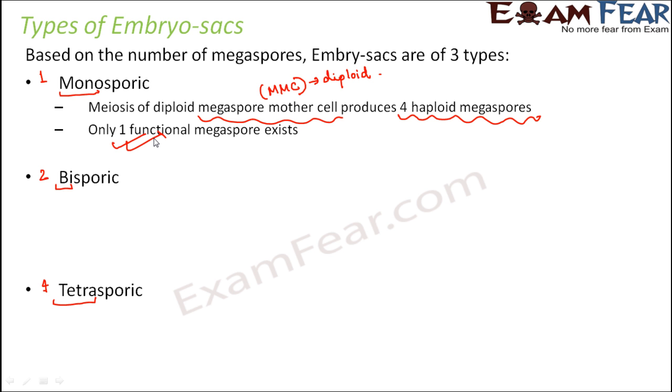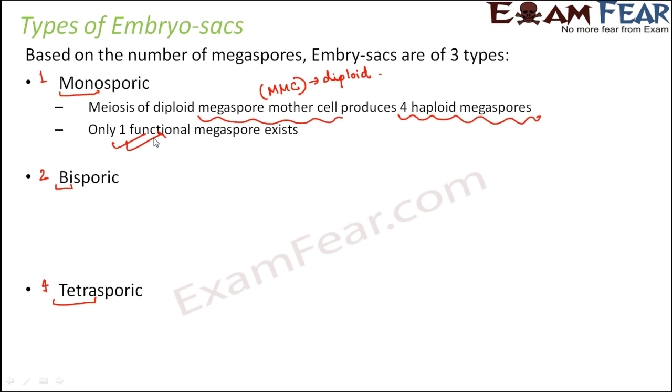Finally you have only 1 haploid functional megaspore, and that is why this is called monosporic. That is monosporic.